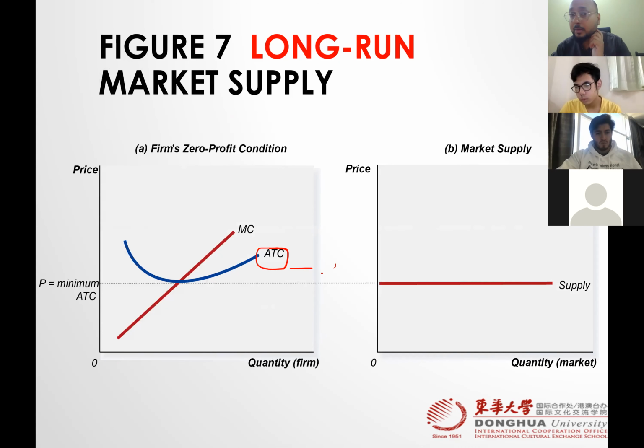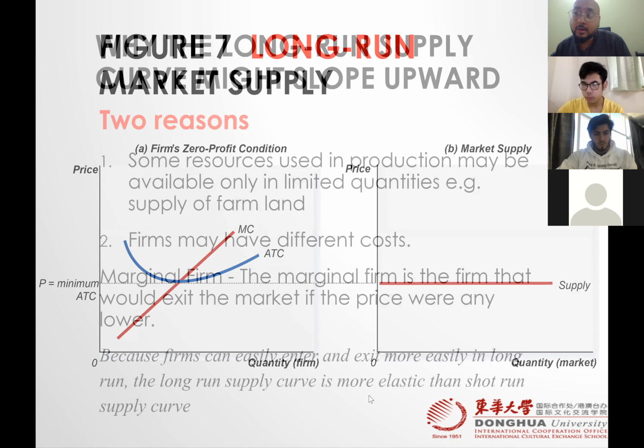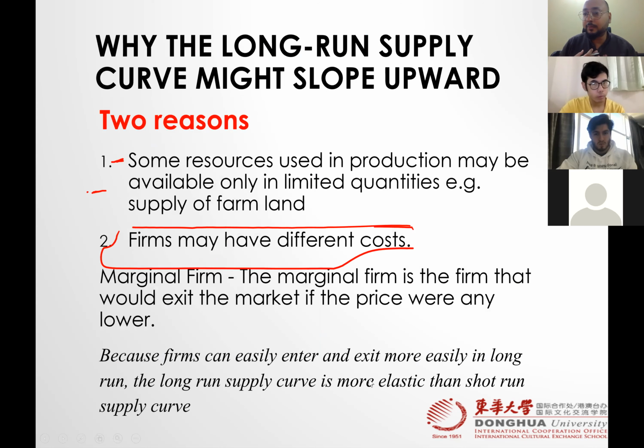We are talking about the market now. But what if companies have different cost structures? My MC is different, my competitor's MC is different, my competitor's average variable cost is different. MR would be the same. Then we see the long run supply curve is upward sloping.